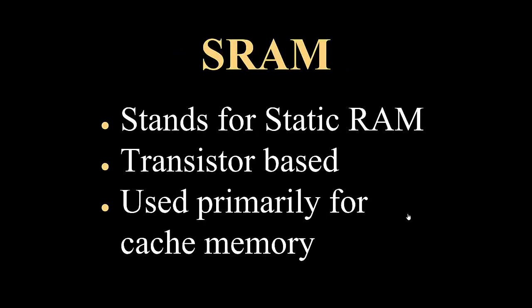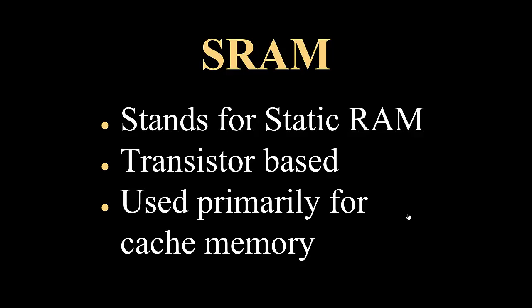Now we've talked about packaging, but now let's talk about the actual technologies that are used to create this memory. There's a special type of memory called SRAM. This stands for static RAM. It's another type of transistor-based memory, and it's usually used for cache memory, which is memory used inside the processor.